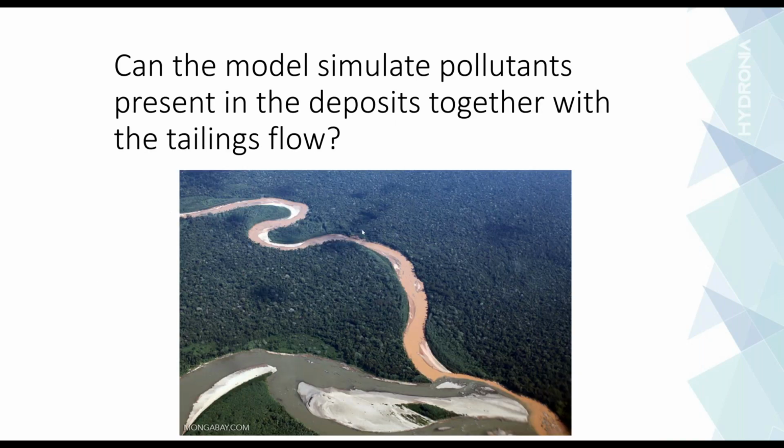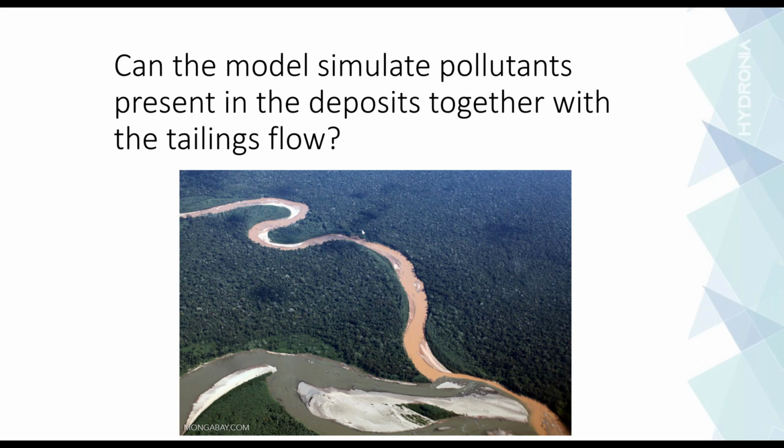So next question is, can the model simulate pollutants present in deposits together with the tailings flow? This is something that many users are not aware of, but in addition to modeling the actual flow of the solid material, one of the classes that you add in the model can be a pollutant.